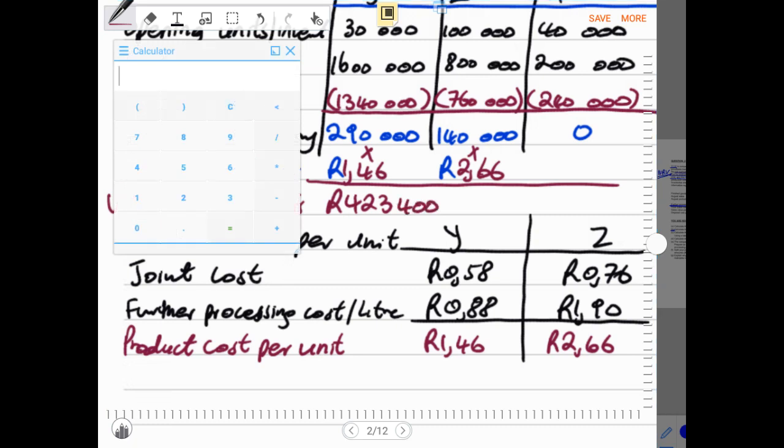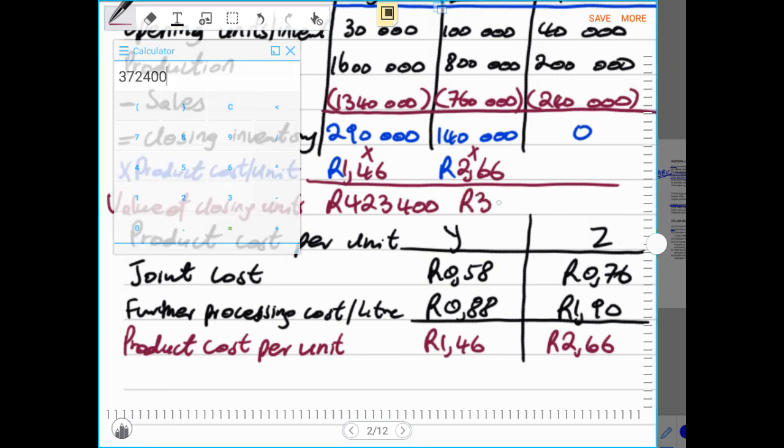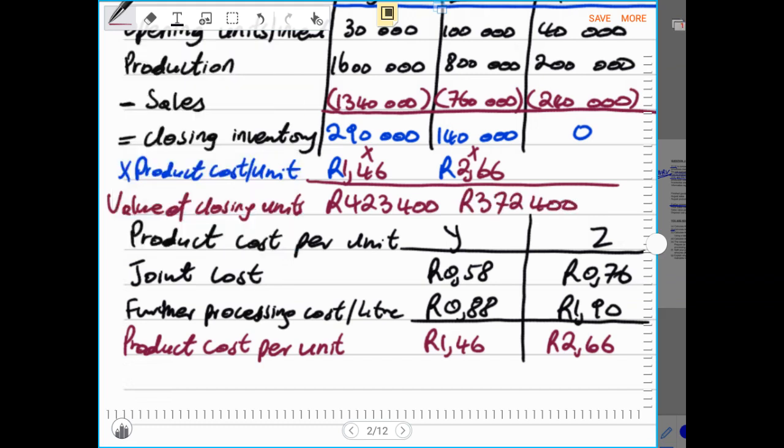And for the second one, it will be 140,000 units times this by 2.66 cents, and this will give us 372,400, and this will be the value of the closing inventory that will be recorded in the statement of financial position under current assets as inventory of product Y and inventory of product Z.